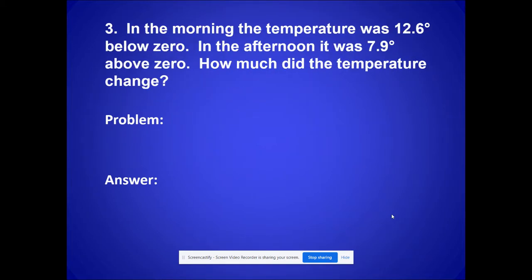Okay, let's look at number 3. In the morning, the temperature was 12.6 below zero. In the afternoon, it was 7.9 degrees above zero. How much did the temperature change? I would like for you to write the problem using absolute value notation and then the answer. Go ahead and pause the video now and work the problem and then come back.